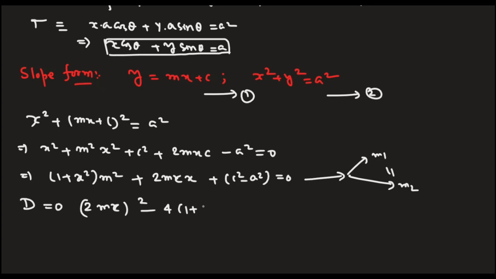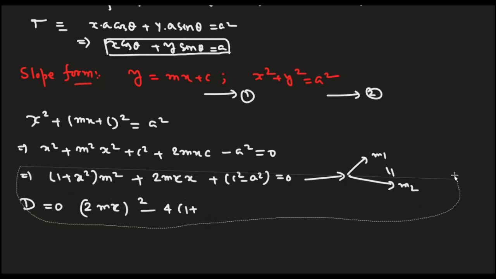I think if I take m square common, okay, let me check the calculations. Not in the x square, this quadratic is actually not correct. I am writing the wrong quadratic.